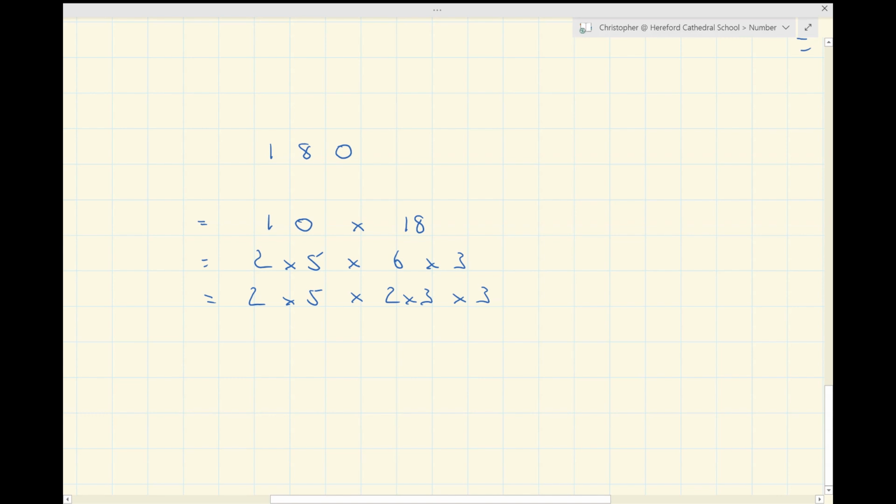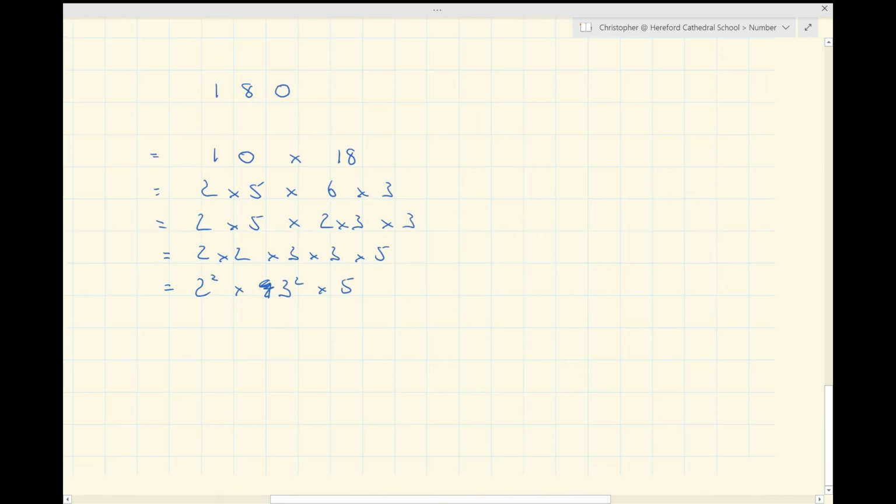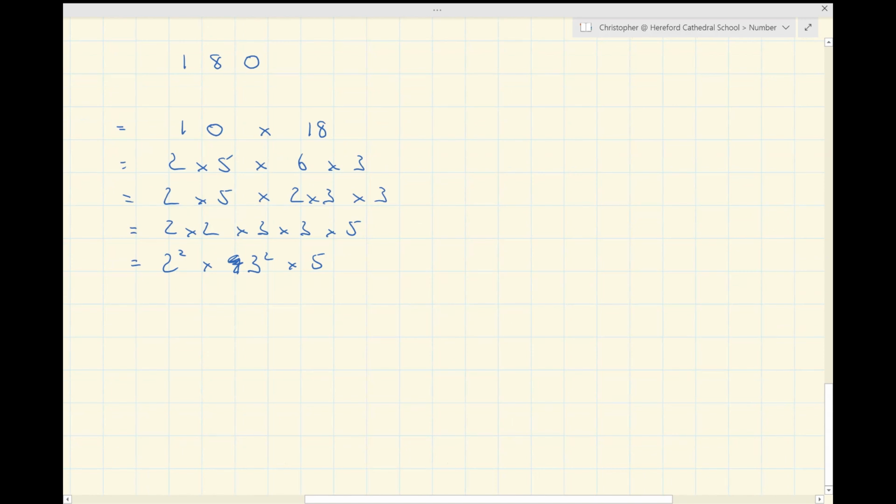Now that's kind of done, isn't it? So that is 2 times 2 times 3 times 3 times 5, which is 2 to the power of 2 times 3 squared times 5.